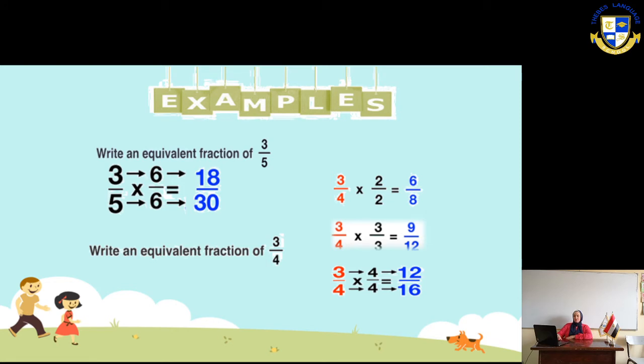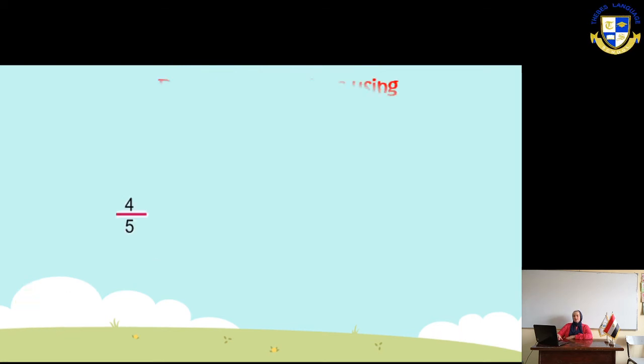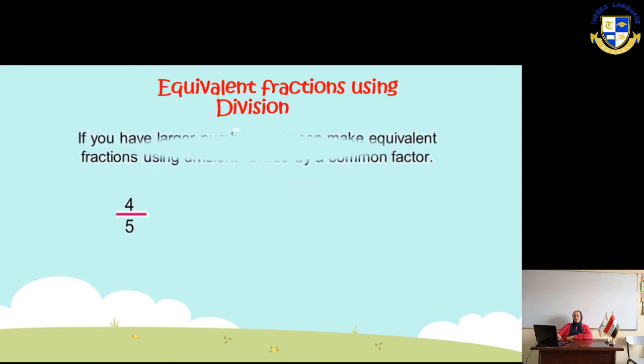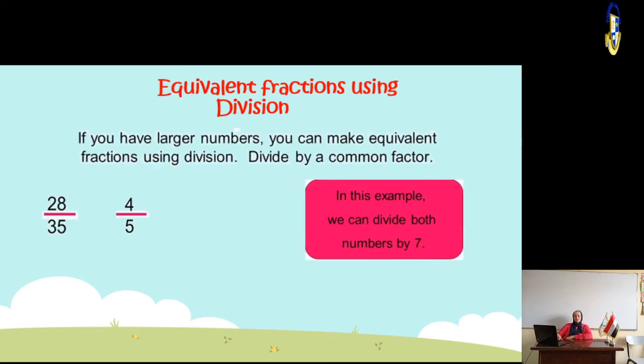Okay? Equivalent fractions using division. If you have a larger number, you can make equivalent fractions using division. Divide by a common factor. Here, if we have 28/35, think 28 and 35.